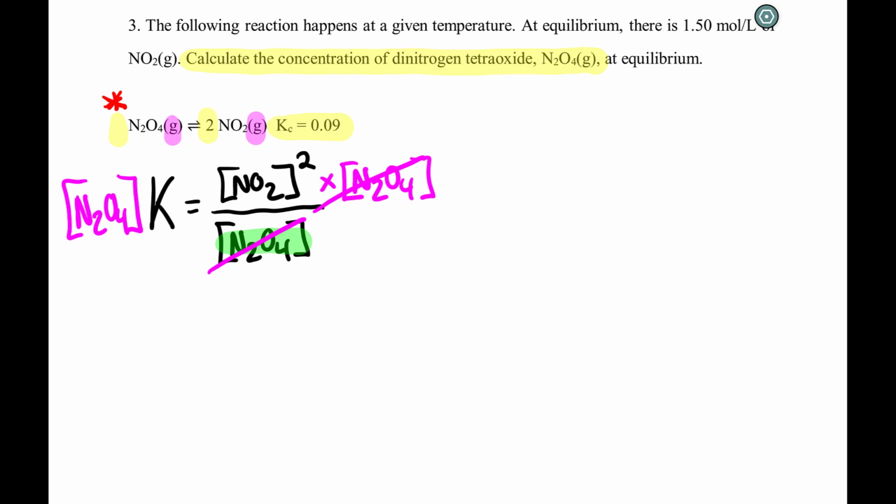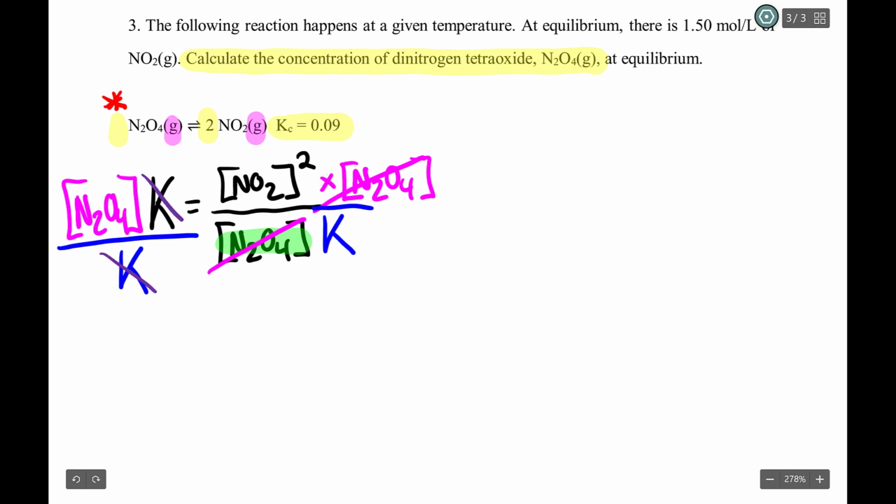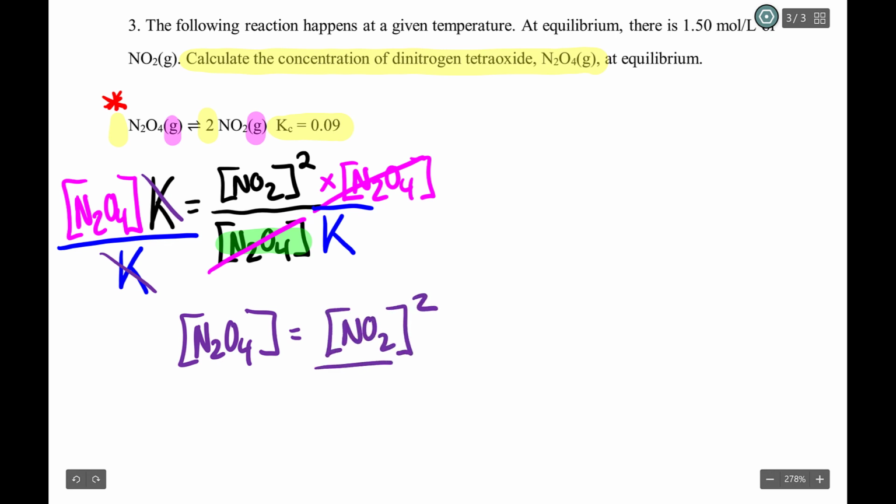Because K is being multiplied, the opposite operation is division. I'm going to divide this side by K, and that's going to cancel out my K values. This will leave me with the concentration of N2O4 is equal to the concentration of NO2 raised to the power of 2, all divided by K.